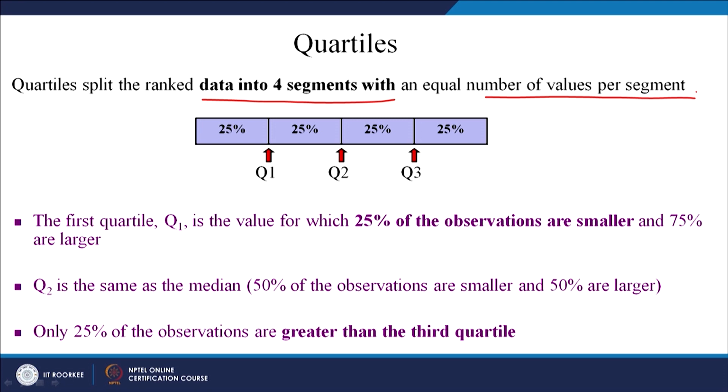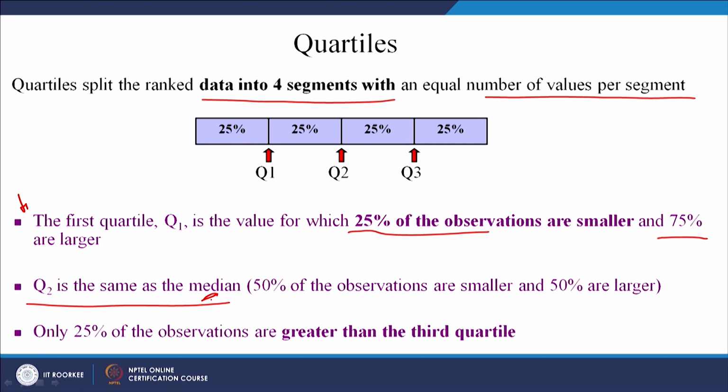So, let us look at this. The first quartile is Q1, which means 25% of the data points are on one side and the remaining 75% of the data points on the other side. Q2 is just the middle point, or the median. So, 50% of the observations are on one side and 50% on the other side.